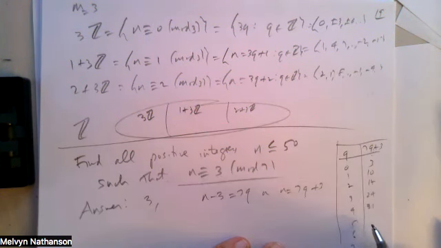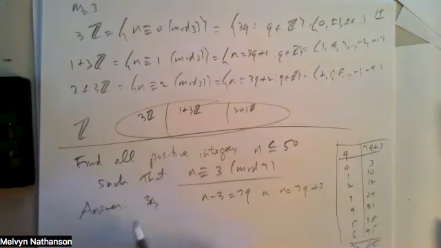When q is 4, 31. When q is 5, 35 plus 3 is 38. When q is 6, 42 plus 3 is 45. When q is 7, 49 plus 3 is 52. That's too big because I'm only going up to 50.